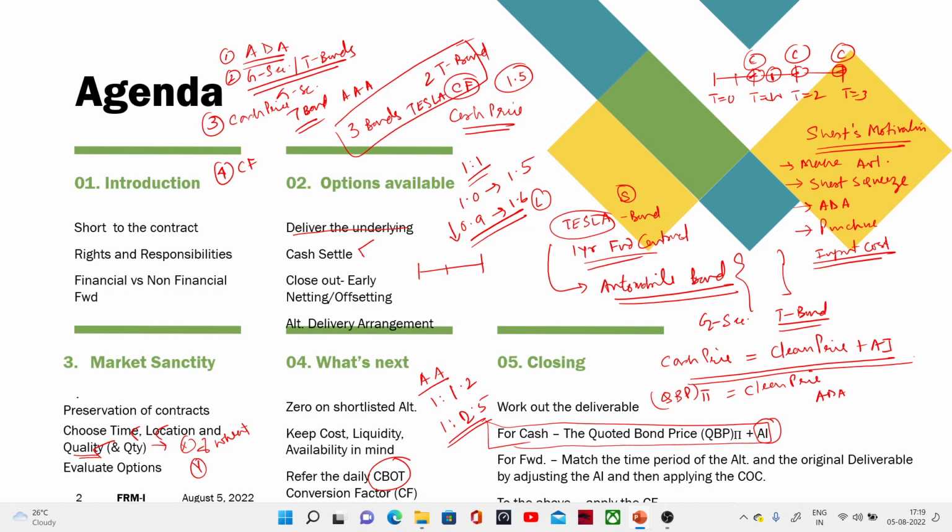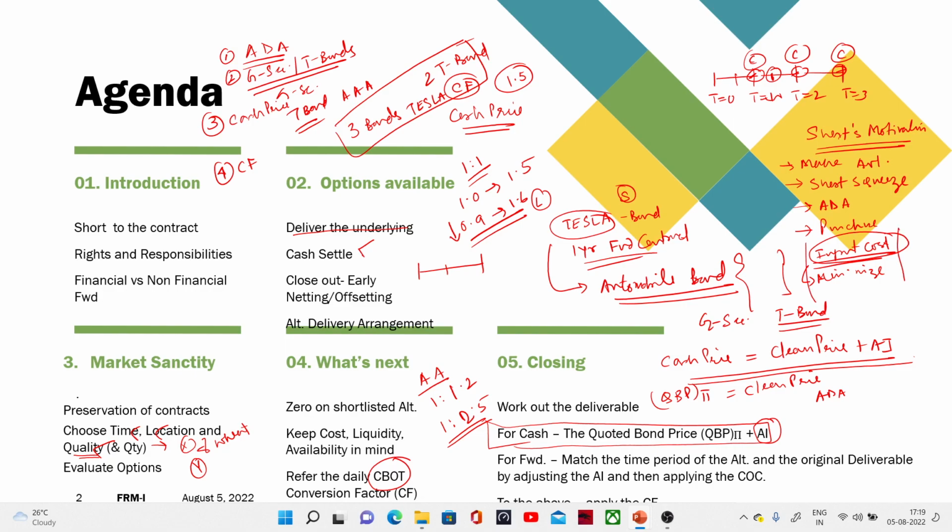In other words, it would like to minimize its input cost to the extent possible, knowing that the sale price is already prefixed. So the whole objective of the short, in order to choose a particular deliverable bond from the basket of choices, is only to see where the input cost is least.